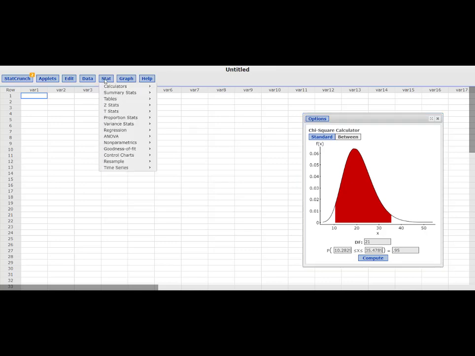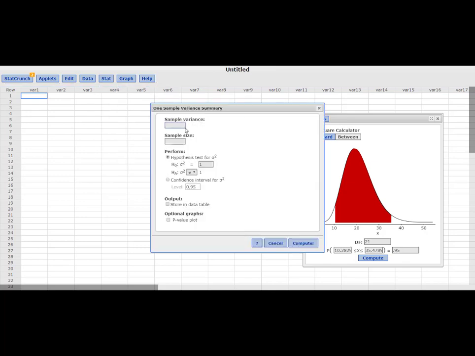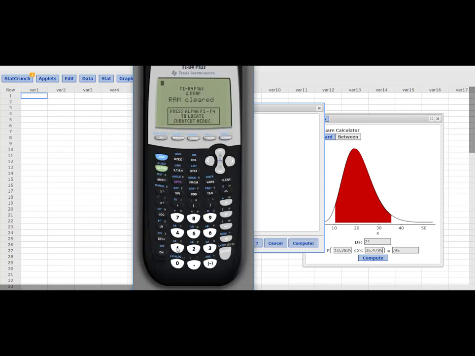I'm going to go to Stat, but this time I'm going to go down to Variance statistics. Right now we're doing one sample, with summary. And for our sample variance, we have to square the value from our sample. You remember that our sample standard deviation was 14.29263, and we're going to square that.